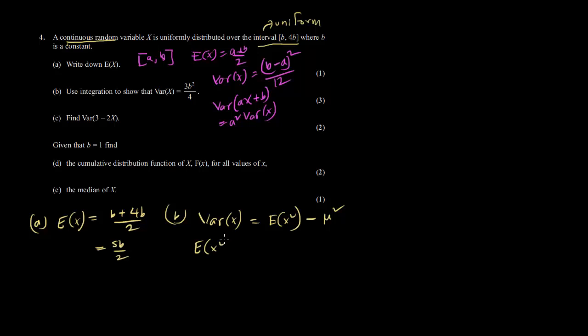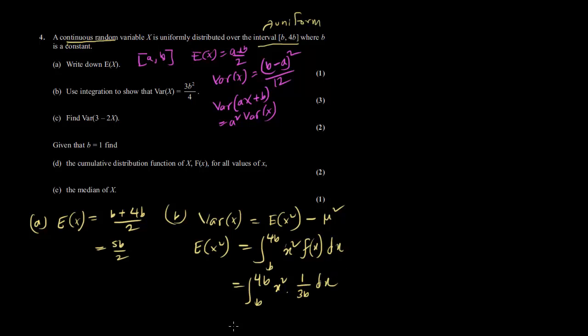E of x squared, if you remember, would be integration over the entire limit, from b to 4b, of x squared into f(x) dx. Now remember, f(x) is going to be the reciprocal of the difference of the interval. The difference of the interval is 4b minus b, which is 3b, so it would be 1 by 3b dx.